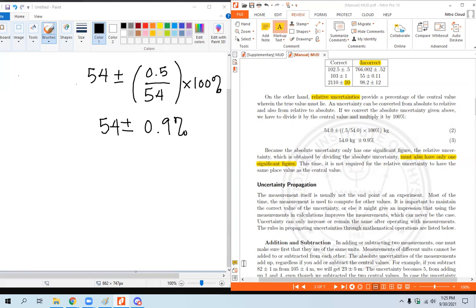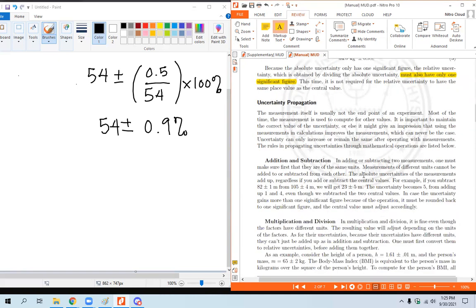Wala naman. Okay, so let's move on to uncertainty propagation. Measuring things with uncertainties is one thing, pero normally, these quantities are used to calculate other quantities.